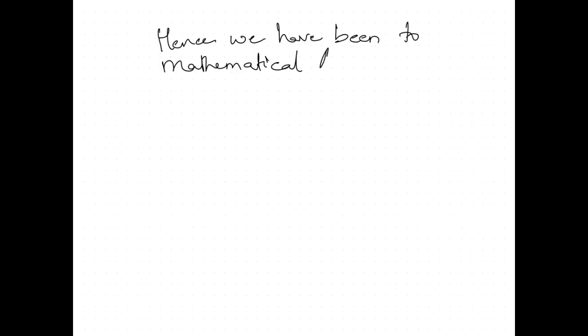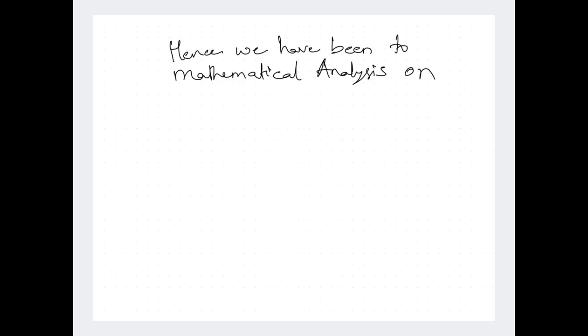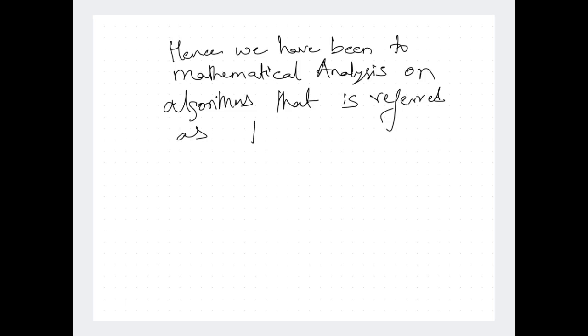we need a mathematical analysis on algorithms, which is referred to as time complexity.